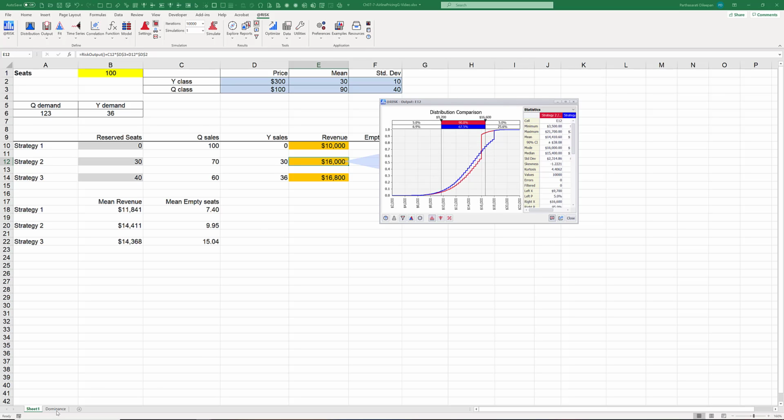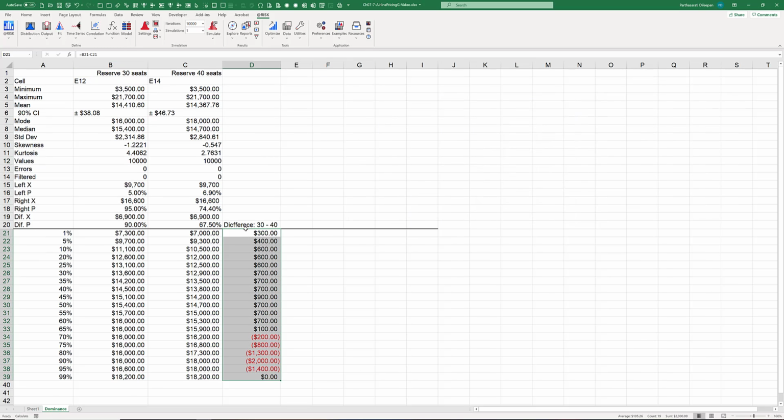Okay, so does that mean these losses that we see are sufficiently large to overcome the profits, or I shouldn't say profit and loss, the difference between the two? Okay, so the 30 seat dominates 40 in all of these.